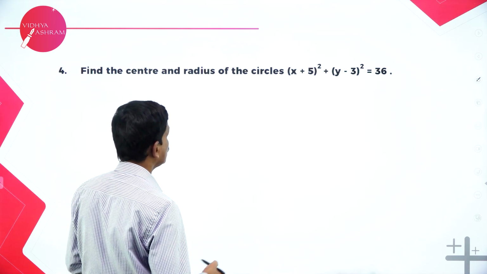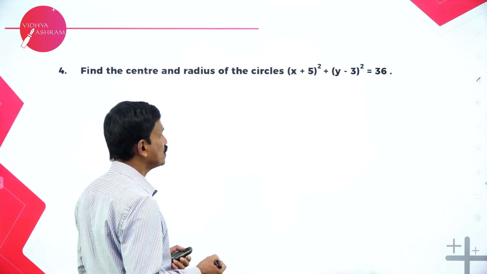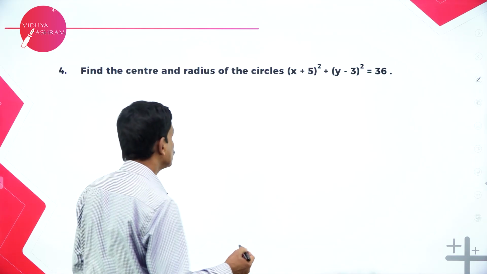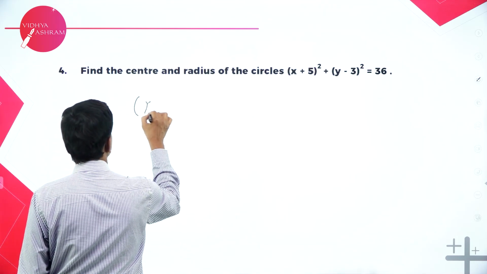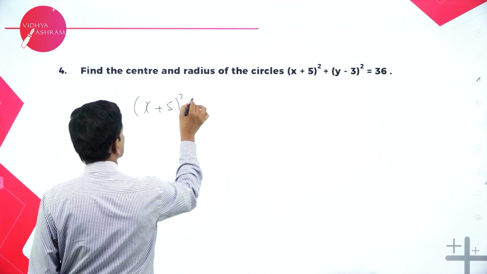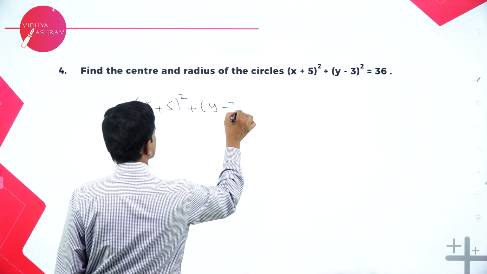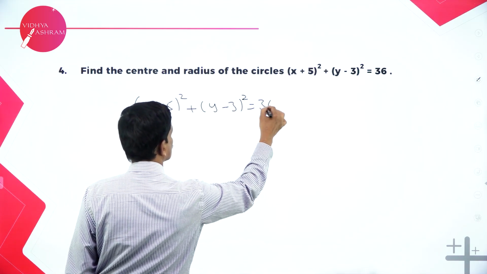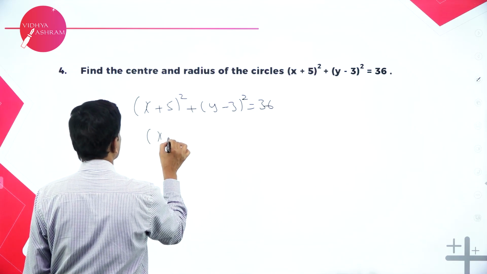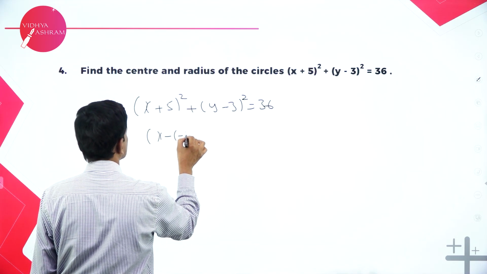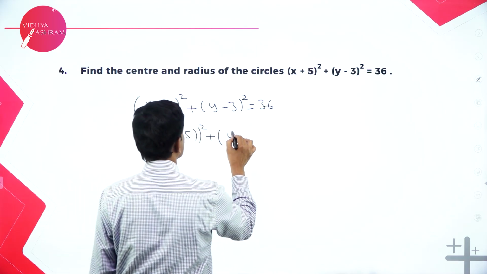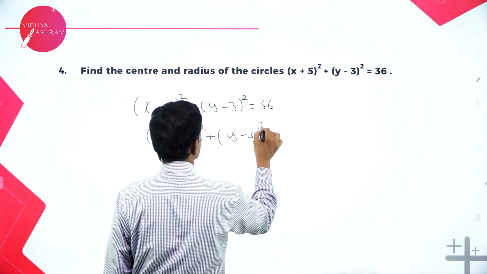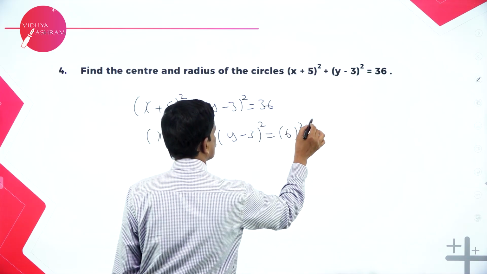Find the center and radius of the circle (x plus 5) whole square plus (y minus 3) whole square is equal to 36. The given equation is (x plus 5) whole square plus (y minus 3) whole square is equal to 36. This can be written as x plus 5 is minus of minus 5, whole square, plus y minus 3 whole square is equal to 6 square.